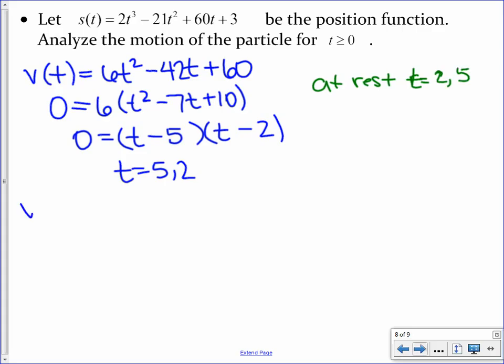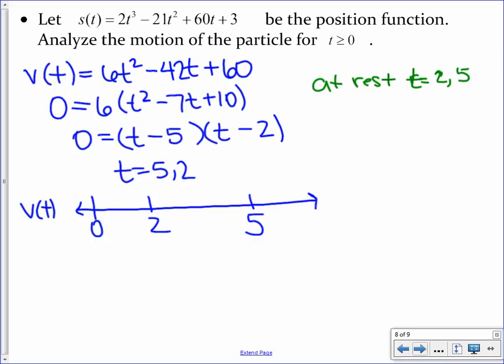Okay. So I'm going to make a chart here. I'm going to go ahead and put a 0 so we remember that we don't have to do anything to the left of 0. So we have critical points of 2 and 5. Do not go back up to this and plug values in. That's going to take more brain power than you need to expend. Let's go back to one of these, I would suggest.